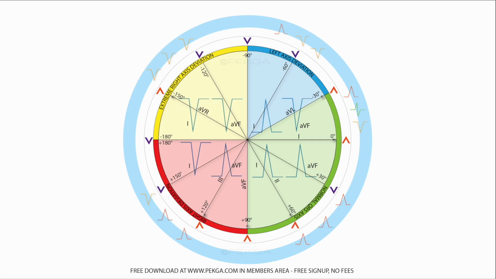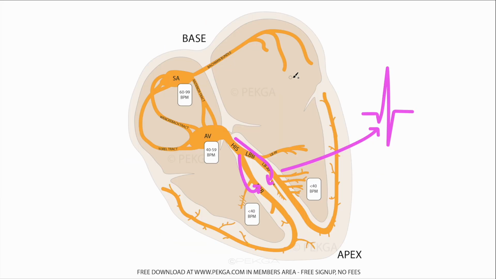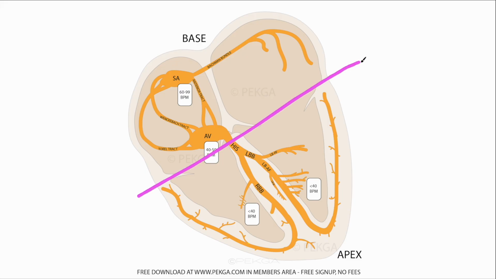And what I mean by that is, our lead AVL is really isoelectric or really flat. And what that could mean is that when it comes to electrical activity, lead AVL goes something like this. So this is the line of propagation that it's reflective of.